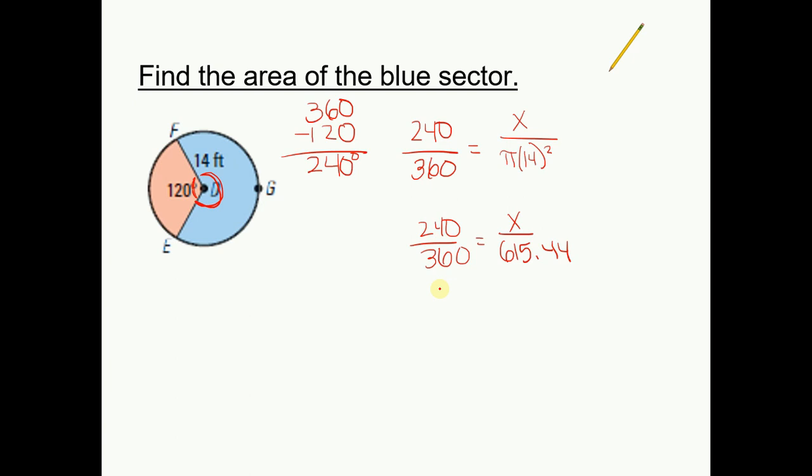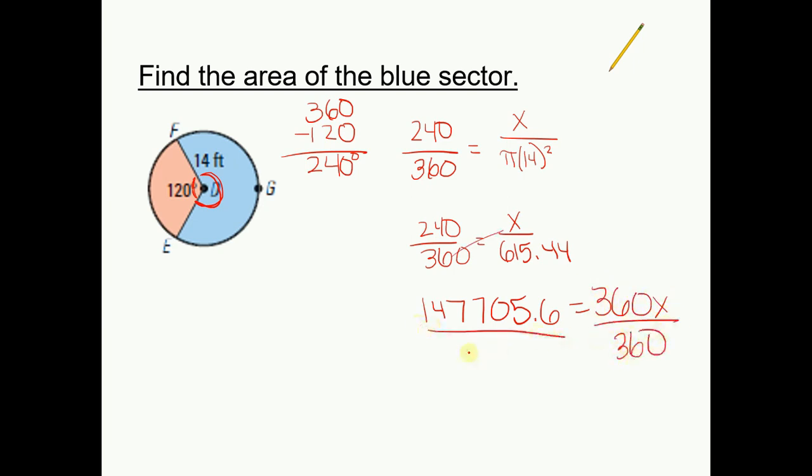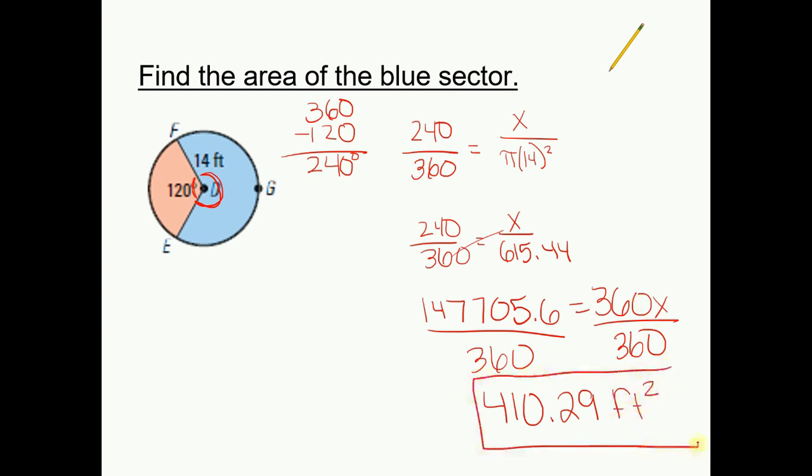I get 147,705.6 equals 360 times x. Looks like we need to divide by 360, and we get a value of 410 and 29 hundredths feet squared, since I'm talking area.